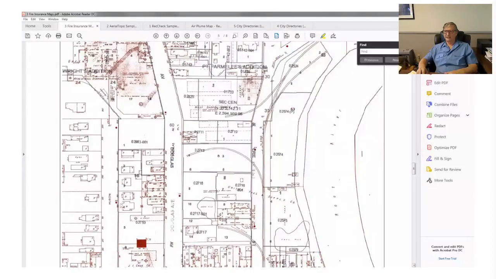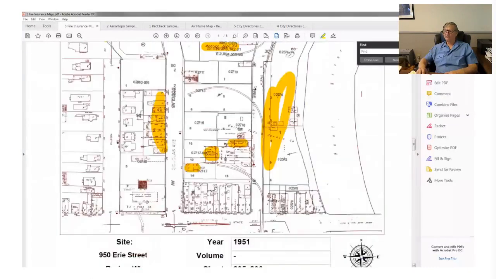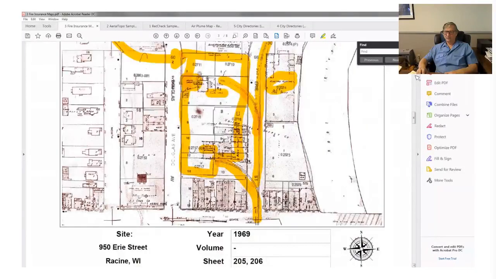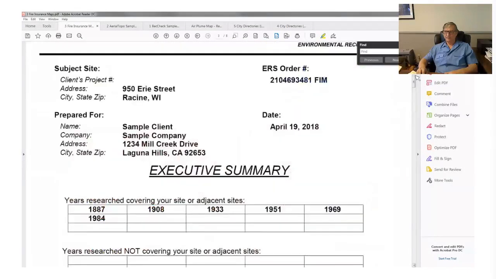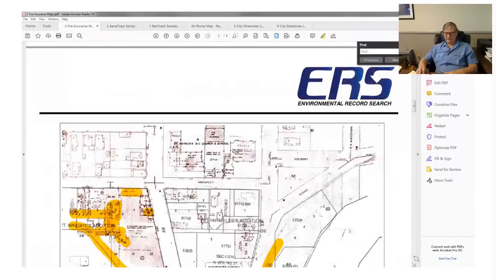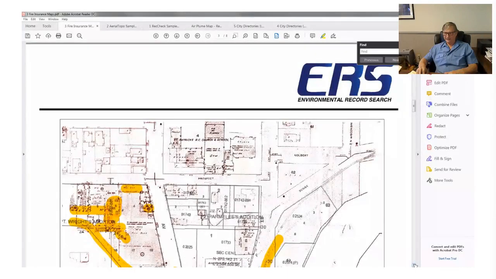Lumber, you've got all the years that this thing was a lumber yard, if you look at all of them, but we missed something. Racing fuel. I can't see it, but find it real quick.